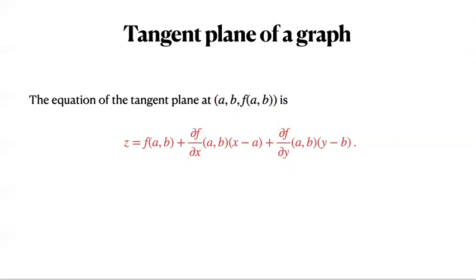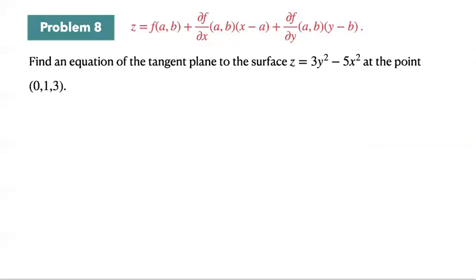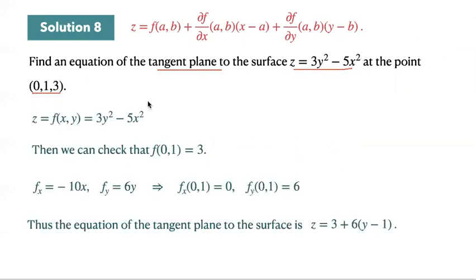Let's go to problem 8. Find an equation of the tangent plane to the surface here at the point 0, 1, 3. For convenience, we just call this f of x comma y.